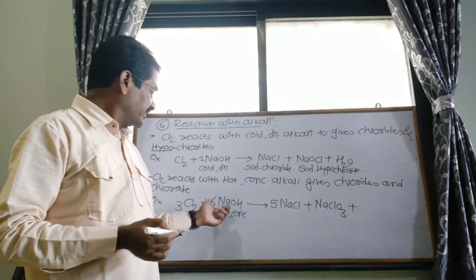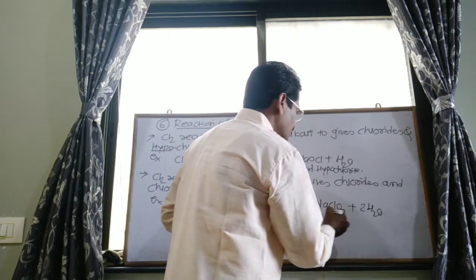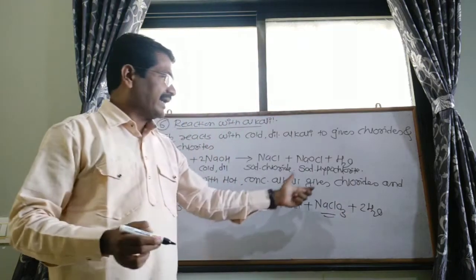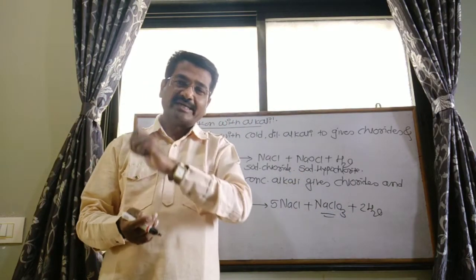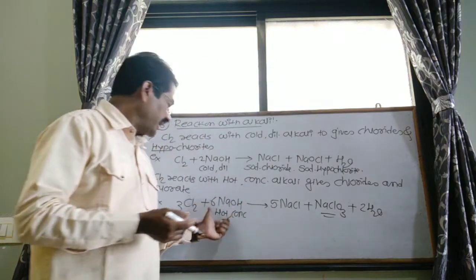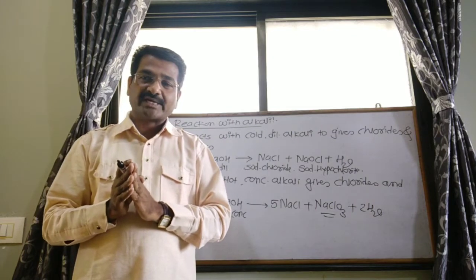And finally it gives water, that is 2H2O. So chloride and chlorate, these two products are given whenever chlorine reacts with hot and concentrated alkali like NaOH, sodium hydroxide.